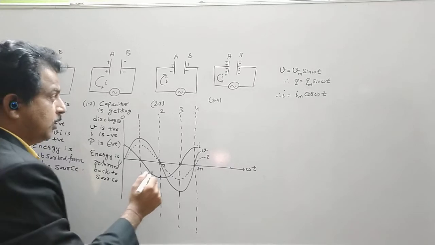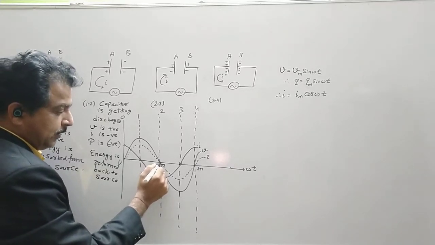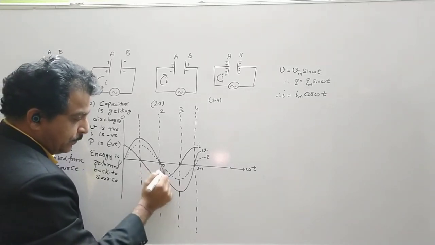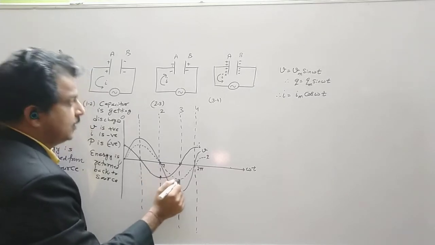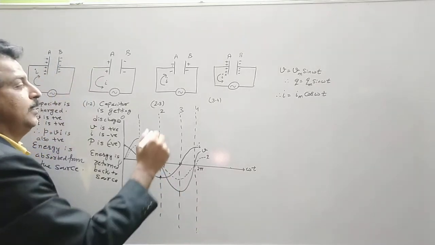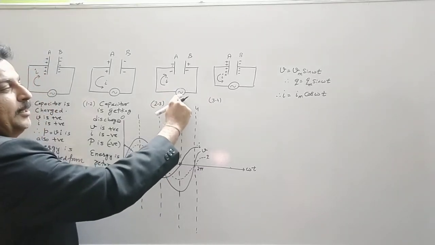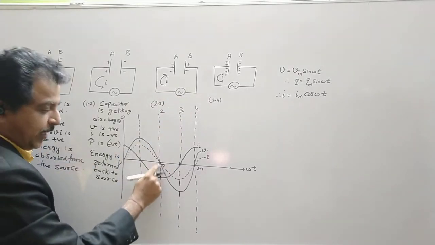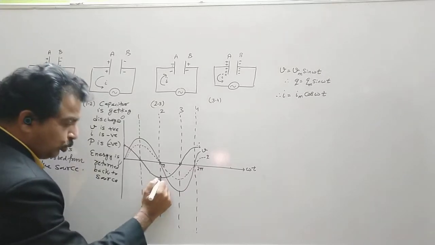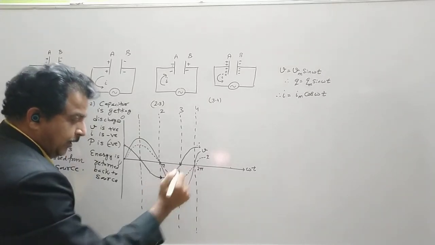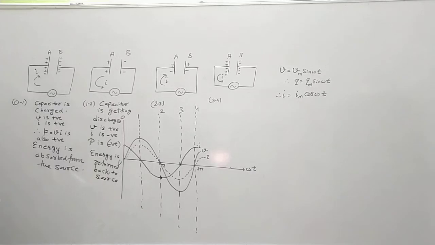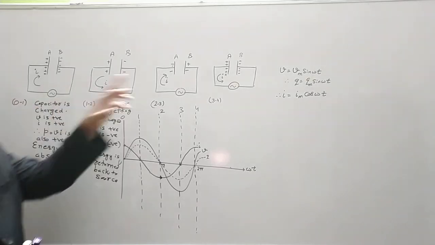Now come to this region 2 to 3. Again, the charge starts increasing. You see the graph, the charge is increasing, but the polarity, or the direction of V, is changed now. So from 2 to 3, again the capacitor will get charged, but its polarity will start changing.